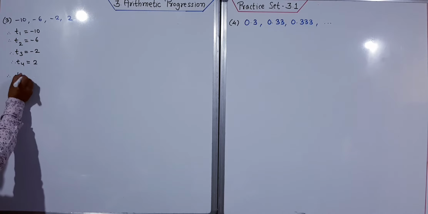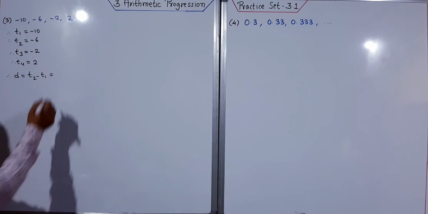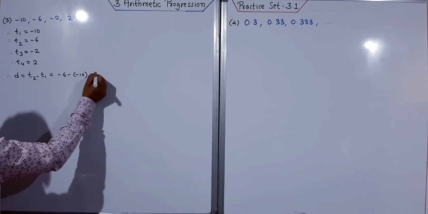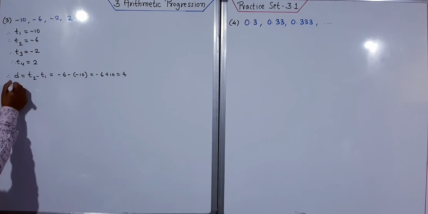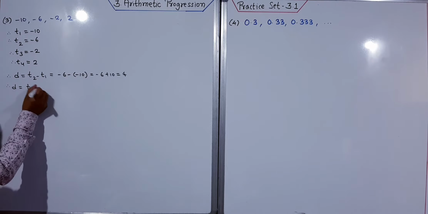Therefore D is equal to T2 minus T1. So what is T2? Minus 6 and minus 10. So it is minus 6 plus 10, it will be plus 4. Therefore D is equal to T3 minus T2.